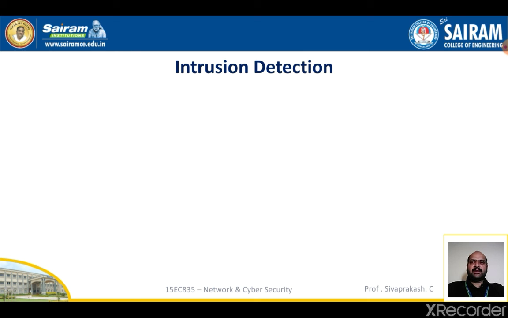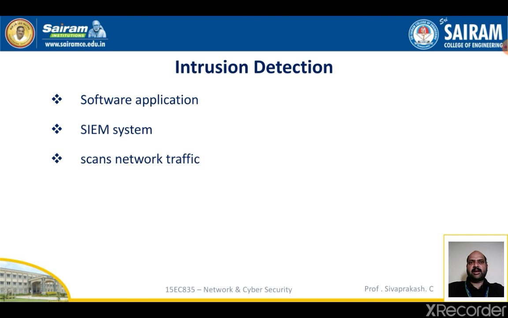Any intrusion activity or violation is typically reported either to an administrator or collected centrally using a security information and event management system, called SIEM. This system combines output from multiple sources and uses alarm filtering techniques to distinguish malicious activity from false alarms. An intrusion detection system scans network traffic for potentially malicious packets and sends alerts and packets to log files.